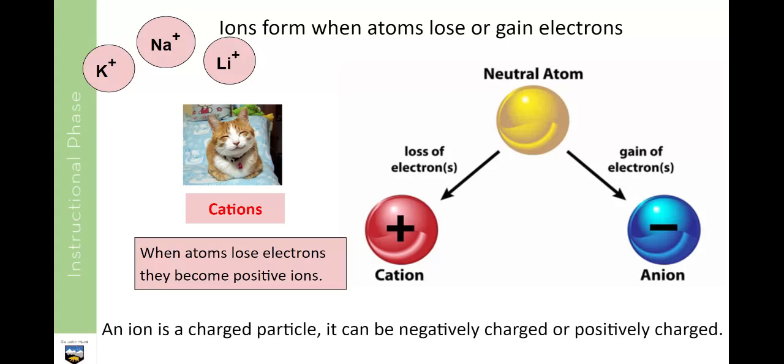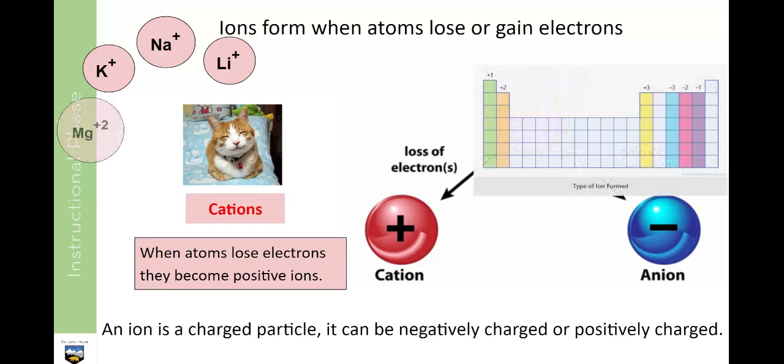If you look on your periodic table at group 2, you've got magnesium. Magnesium loses 2 electrons, it becomes Mg plus 2, positive by 2. Calcium, also in group 2, becomes Ca plus 2. So anything in group 2 becomes positive by 2. Another metal you need to know about for this lesson, copper, also forms a positive ion by losing 2 electrons, so it becomes Cu plus 2.